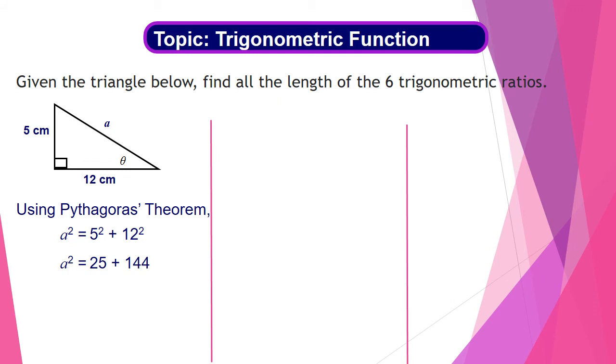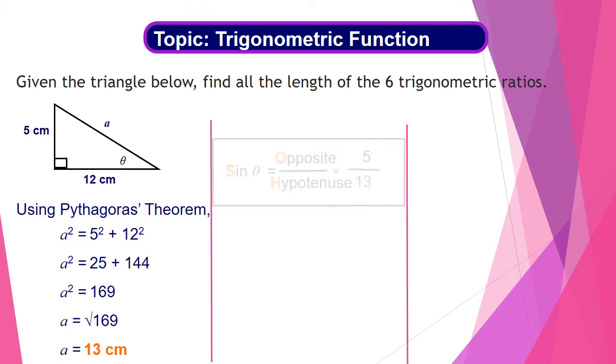Therefore, hypotenuse squared will be 5 squared plus 12 squared, 25 plus 144, which gives us 169. The square root of 169 is 13. Now we know that the hypotenuse is 13.